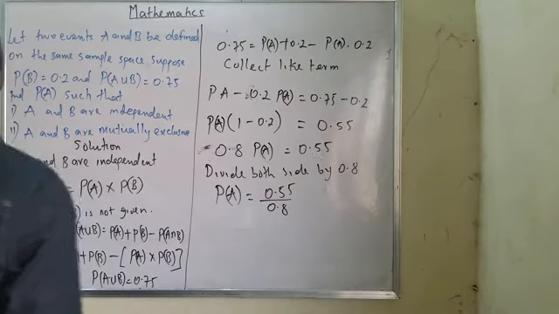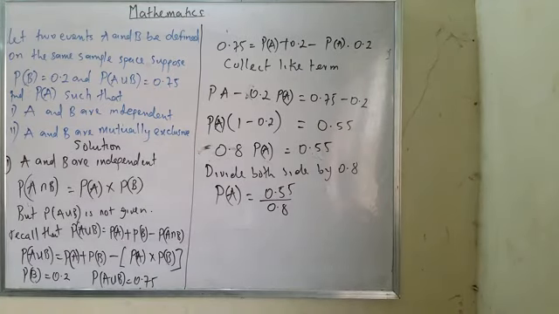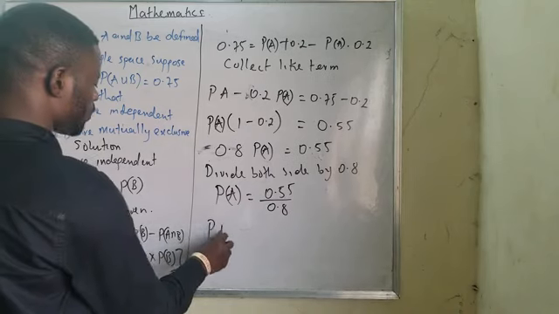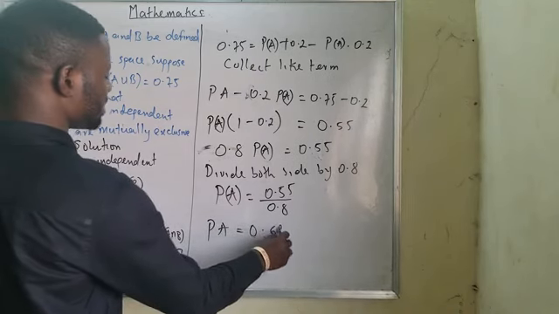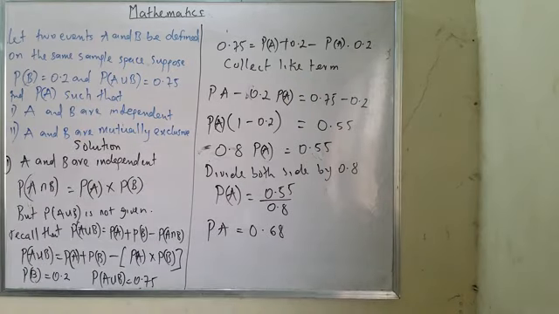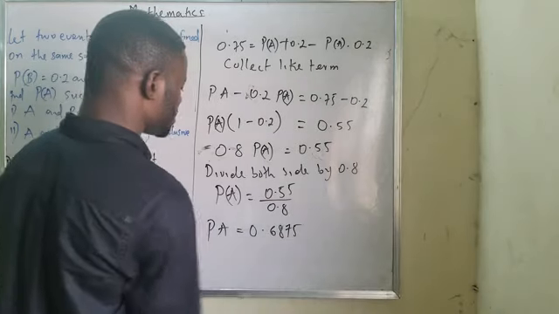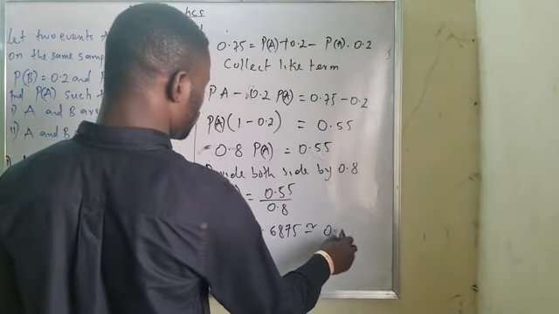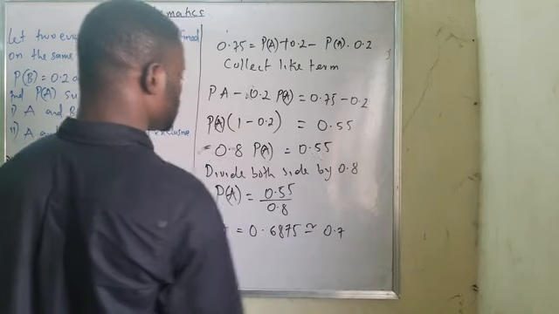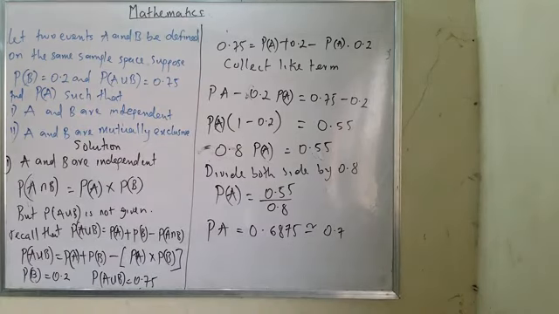When I divide, I'll have my probability of A equal to 0.6875, which is approximately equal to 0.7. Now, since I know that, I can go to the second one. I think that is my first one.